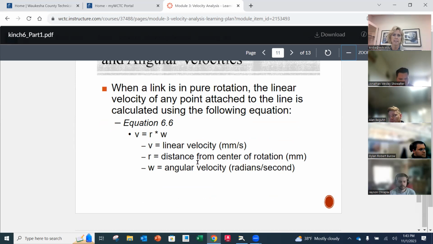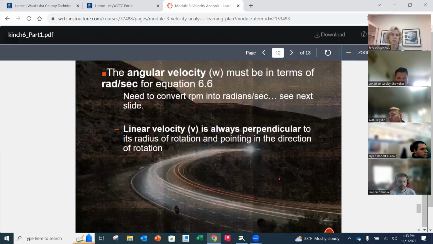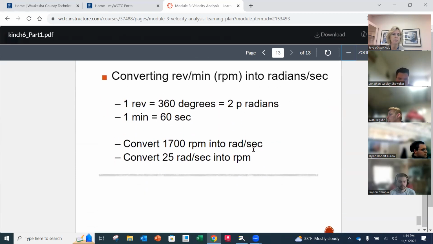And angular velocity needs to be in radians per second going in and out of that equation, which is what we've been emphasizing. Angular velocity must be in terms of radians per second for that equation. The linear velocity will always be perpendicular to that radius of rotation and pointing in the direction of rotation. And then this is just converting. I think they have two examples in the book where you convert, but we did plenty of that in our handout.